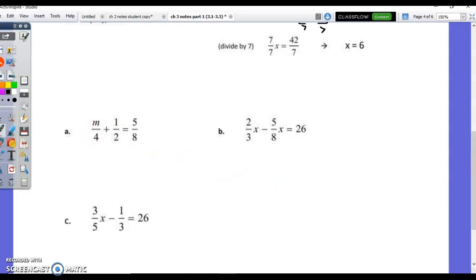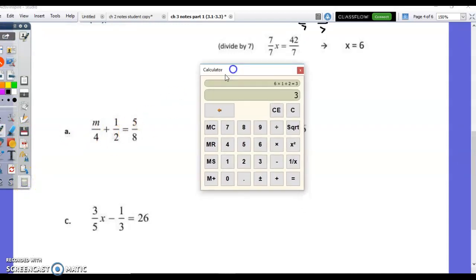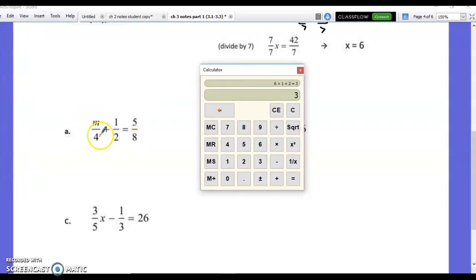All right, so my first step with this, it's 3 nasty fractions. I have to solve for this lonely m over here, but I need to make a common denominator. So what I'm going to do is multiply these denominators together. That's what's going to help me clear my fractions. So 4 times 2 times 8 equals 64. So watch what I do here. I am going to multiply each of these terms by 64.